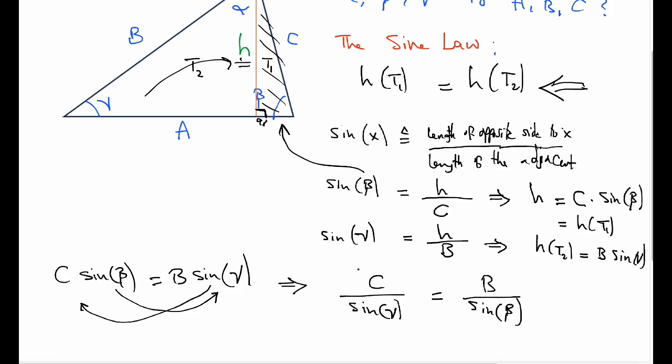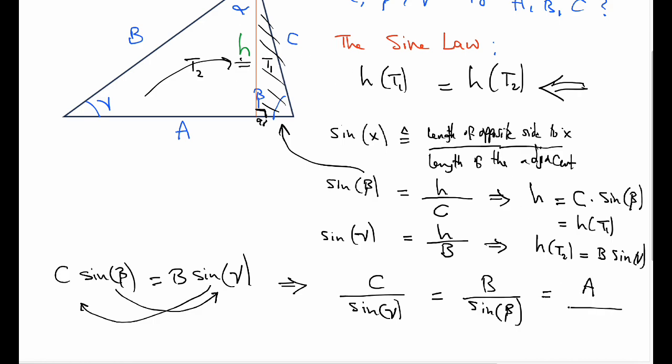Okay, so it's very clear that this is actually part of the sine law, which basically relates two sides C and B, and the two angles gamma and beta. So what we can do now is the same analysis between two angles gamma and alpha with another height defined for the triangle, and you will get the same thing, and you can relate gamma and alpha together the same way as we did before.